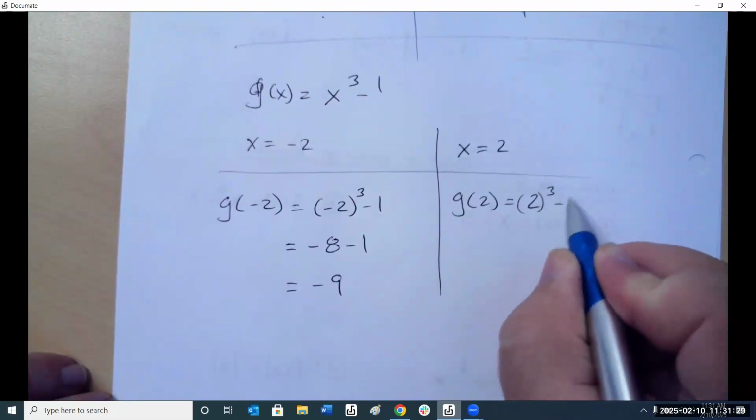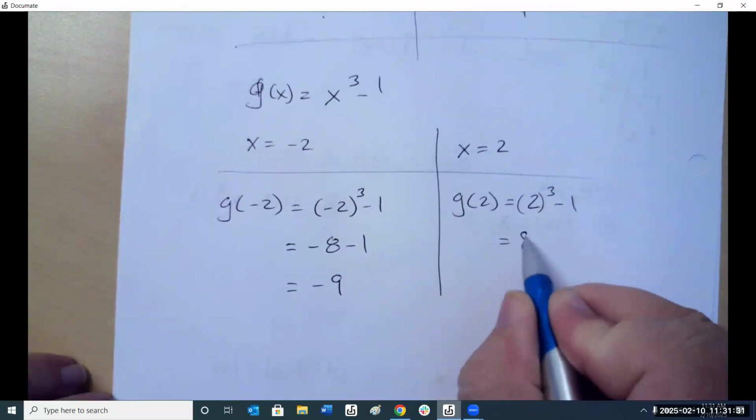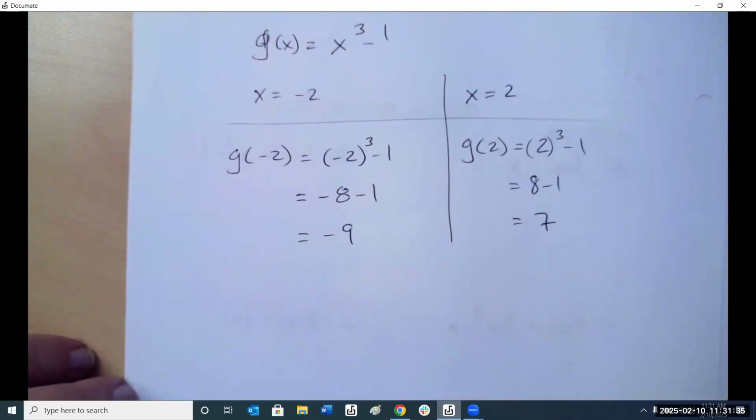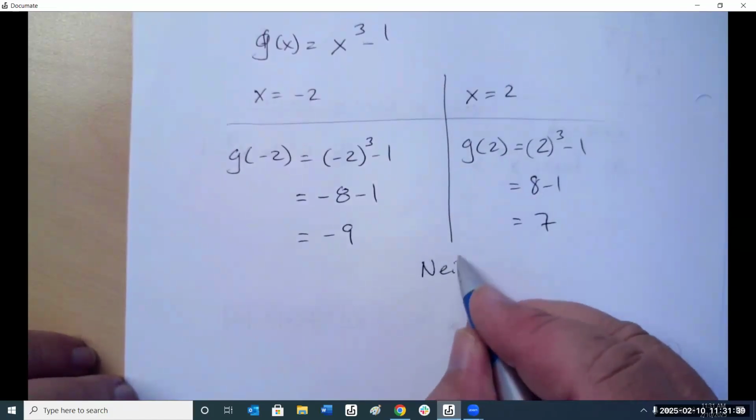Two cubed minus 1: 2 cubed is 8, minus 1 is 7. Same numbers? Opposites? No, so it's neither.